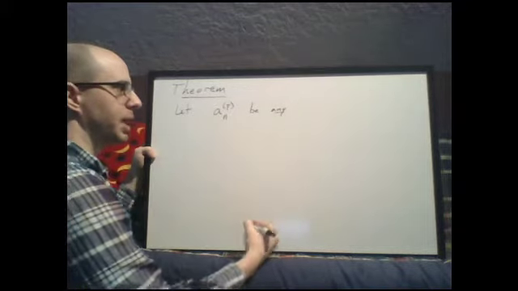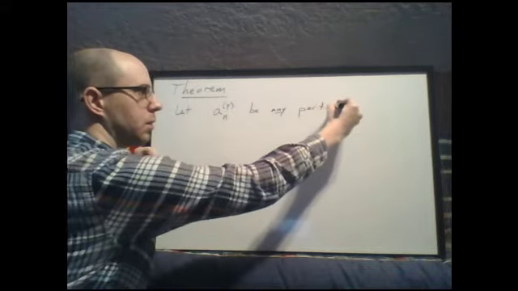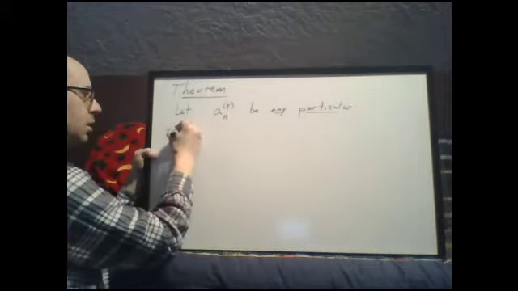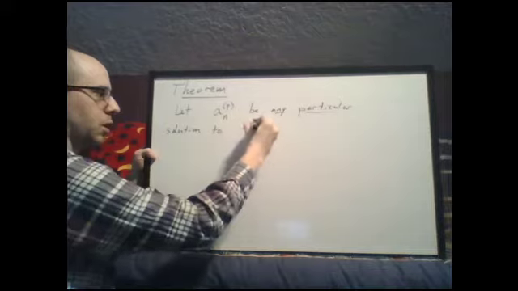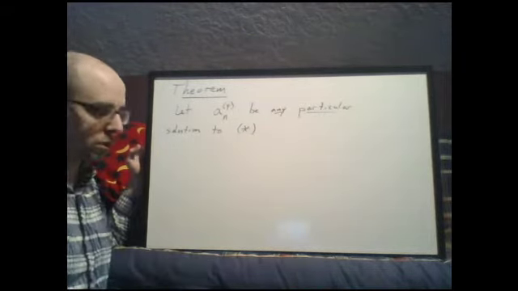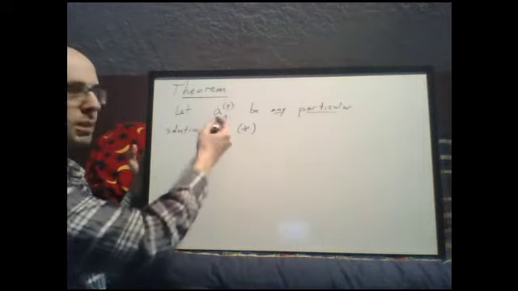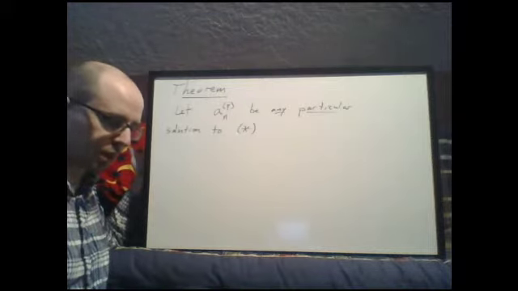Let this be any, and the P stands for particular, solution to the star equation. That was the non-homogeneous recurrence. So this is going to be some specific solution to that non-homogeneous recurrence.